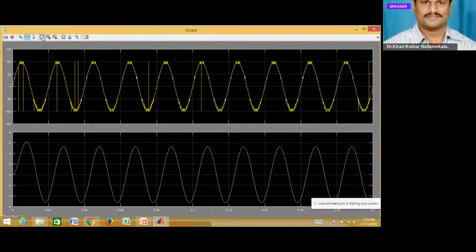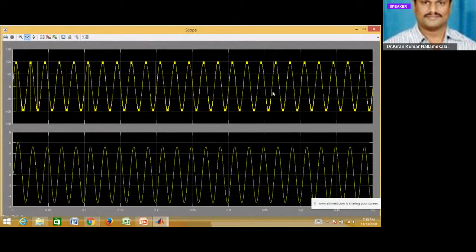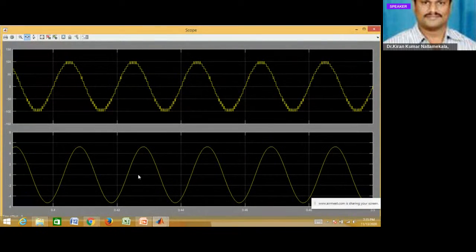Yeah, now you can see how pure sine wave you are generating with the help of 21 level inverter.